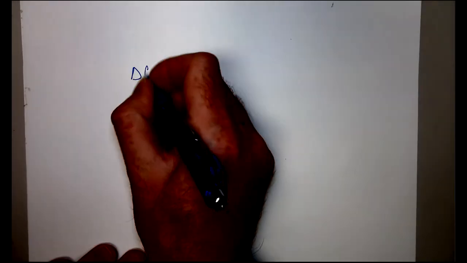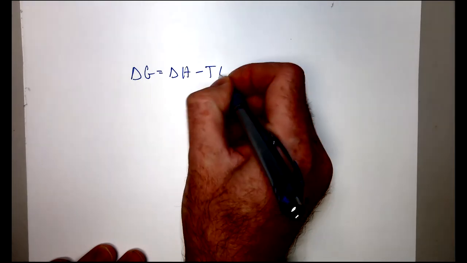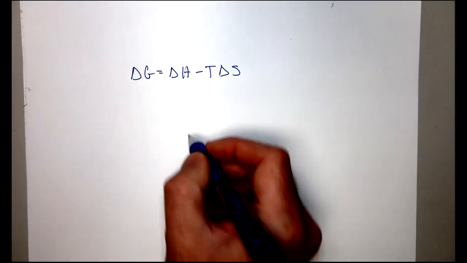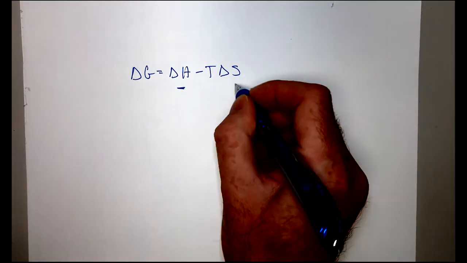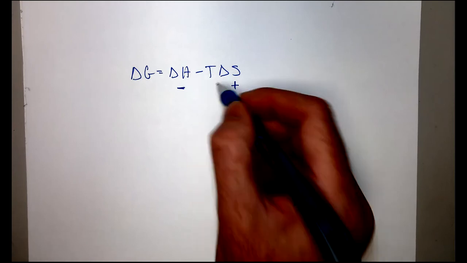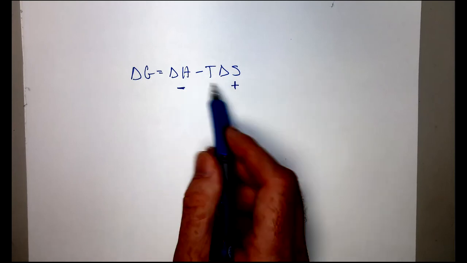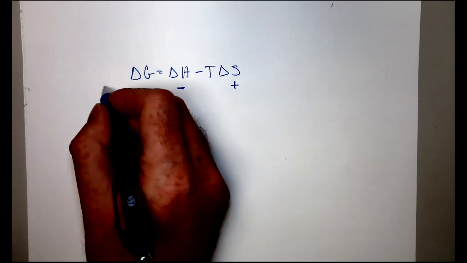So if we look at that on paper, we've got delta G equals delta H minus T delta S. It makes sense: if delta H is negative and delta S is positive, where temperature is always positive, then subtracting a positive will be negative, so delta G will end up being negative and spontaneous.